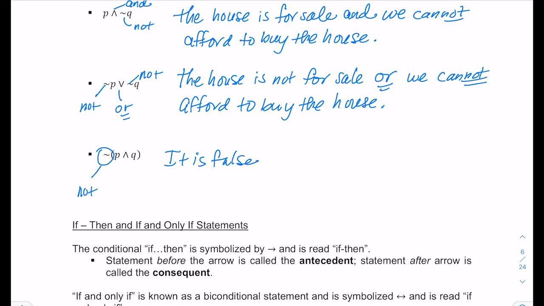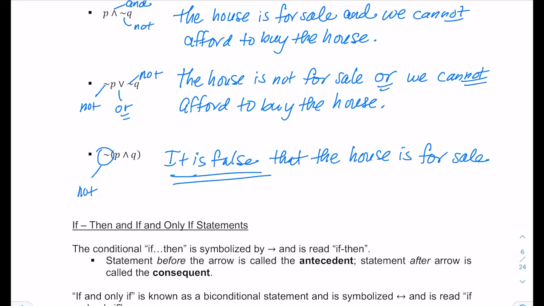So anytime you have a tilde that comes in front of parentheses, you can replace it with the phrase, it is false, and then state what P and Q are. So it is false that the house is for sale and we can afford to buy the house.